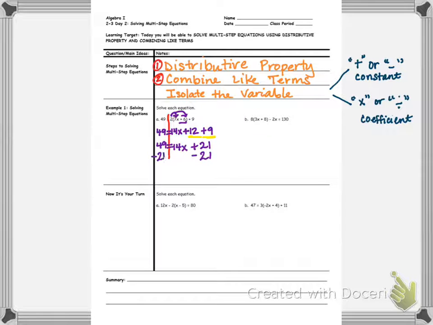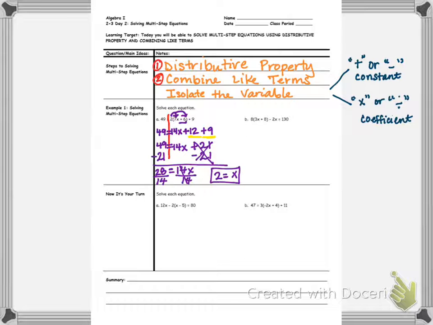So I'm going to subtract 21 because that's my constant. 49 minus 21 is 28 equals 14x. That canceled out, my friend. And then we divide by 14 because it's 14 times x. 28 divided by 14 is 2. And then 14 divided by 14 is 1x.